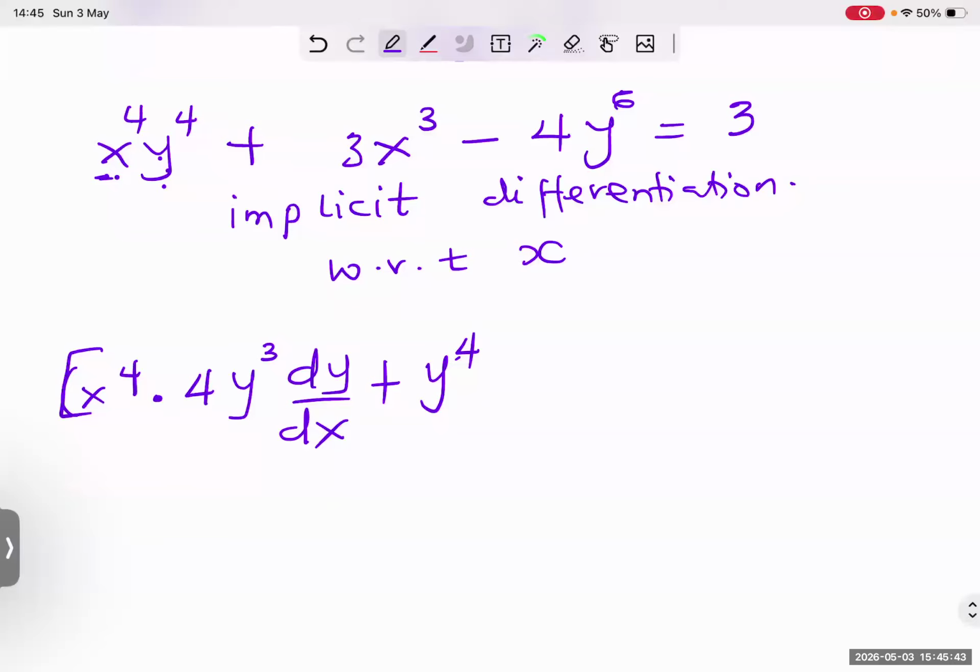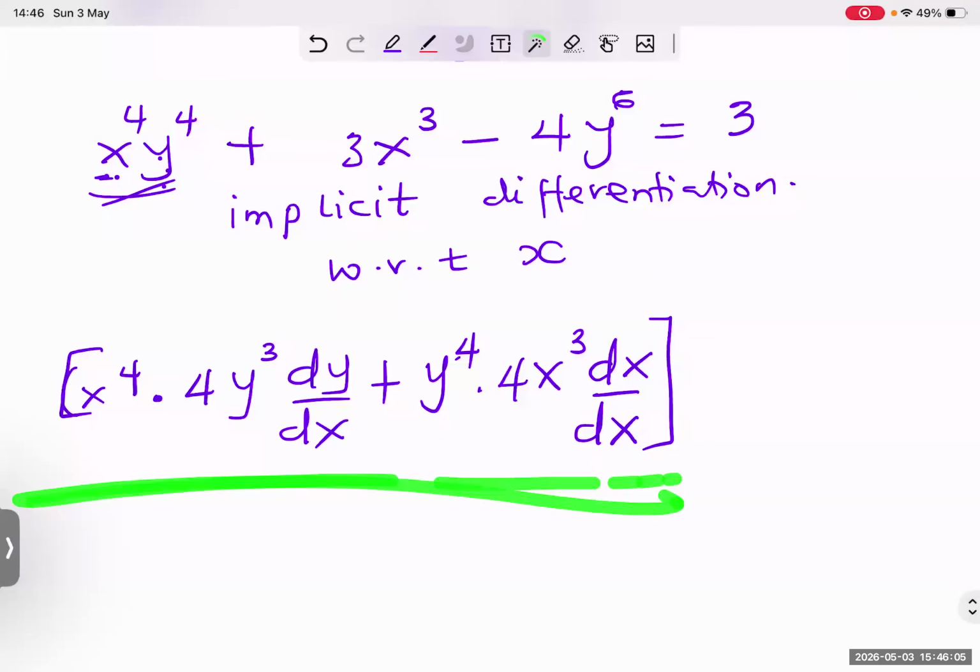The derivative of x to the power 4 will be 4x cubed. Attach your differentiated variable x with respect to variable x. And that completes the product rule for the first part. So this is the derivative of this side here.